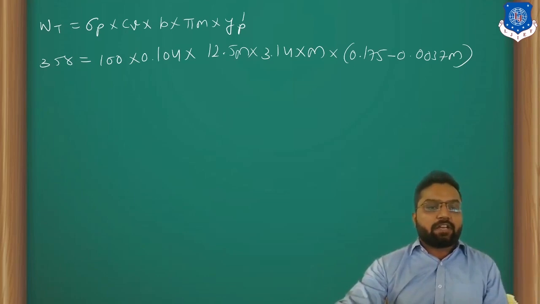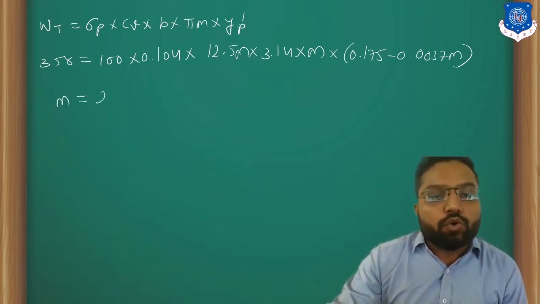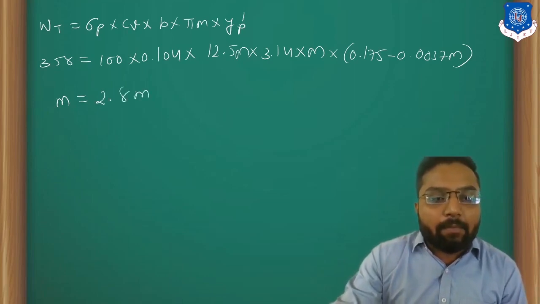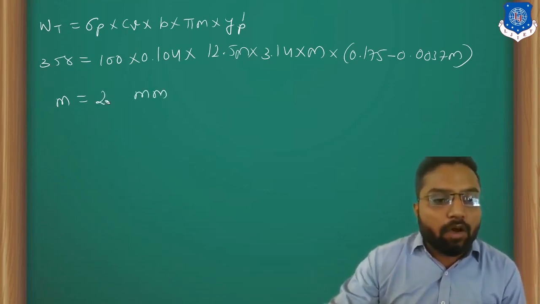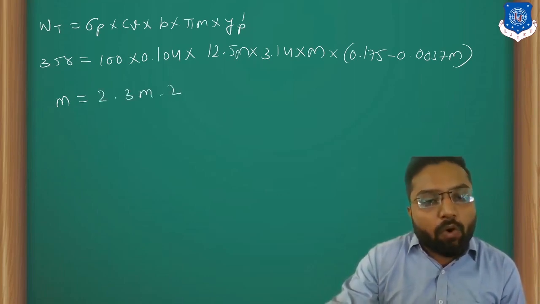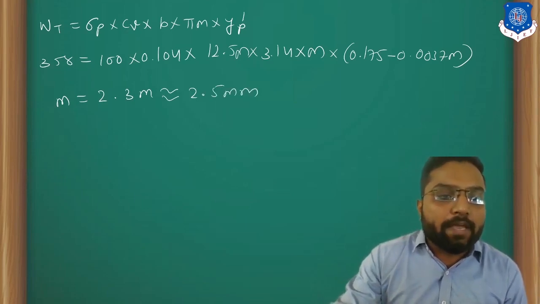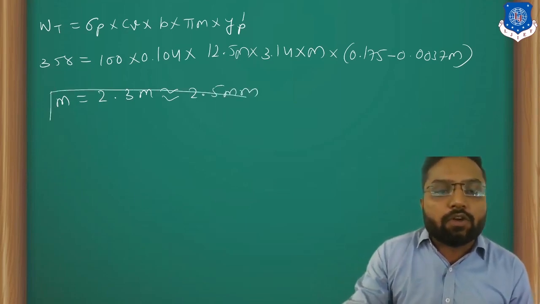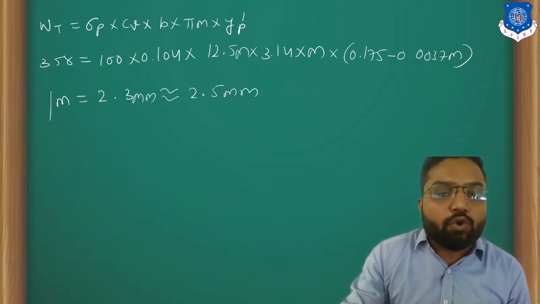By simplifying this equation, we have found module which is equal to 2.8 mm. Clear? Or sorry, we have found it is 2.3 mm, which is almost equal to 2.5 mm. So module is going to be 2.5 mm.